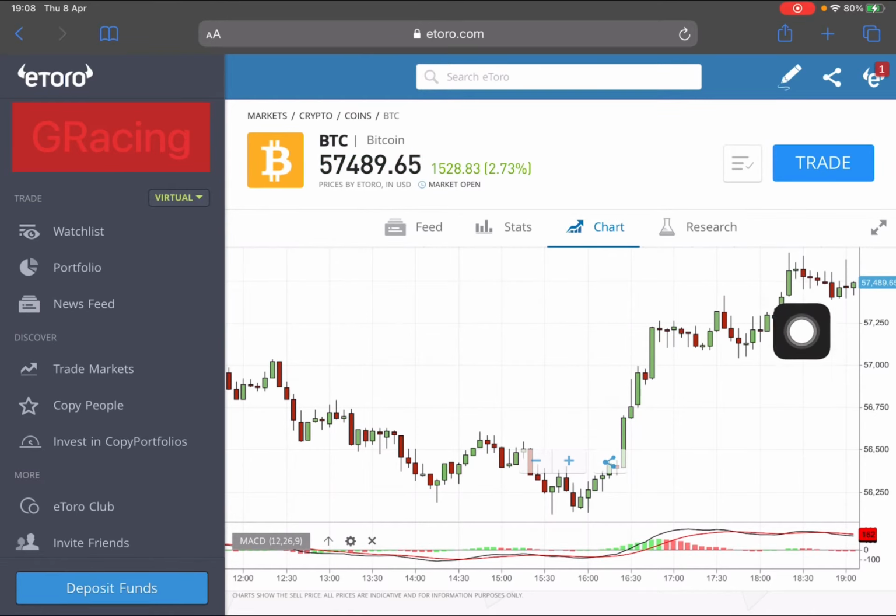You need to apply them here so that you will know when to enter and when to exit. Remember guys, you cannot just simply click trade. You need to study this chart. You need to learn when is the right time to buy and when is the right time to stop or exit the market, right?